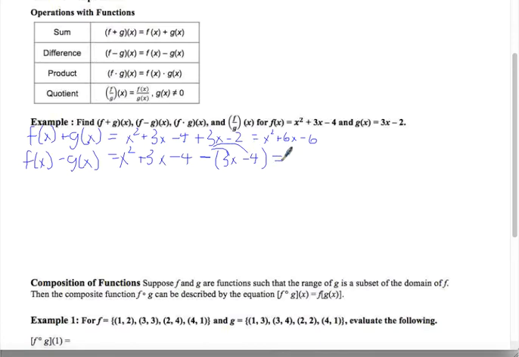So that's going to give us x squared plus 3x minus 4, and then minus 3x plus 2, which then simplifies to x squared. 3x minus 3x goes to 0, and then negative 4 plus 2 becomes negative 2.